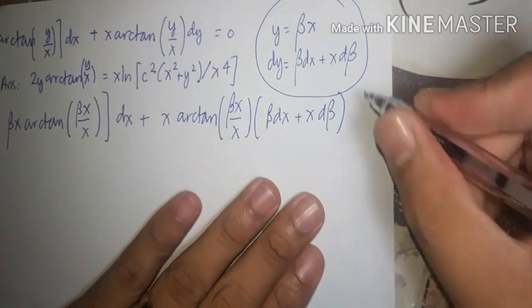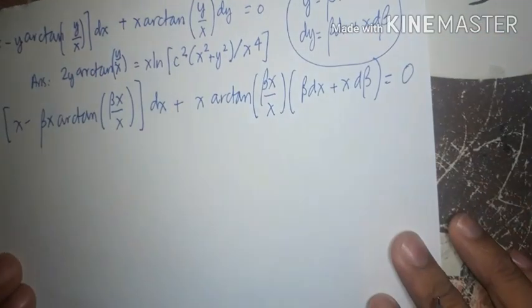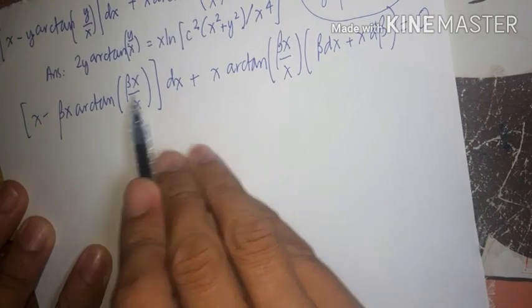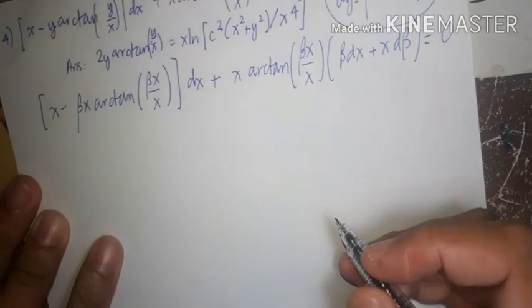is equal to 0. So let us try to distribute first this dx in each term dito sa bracket.